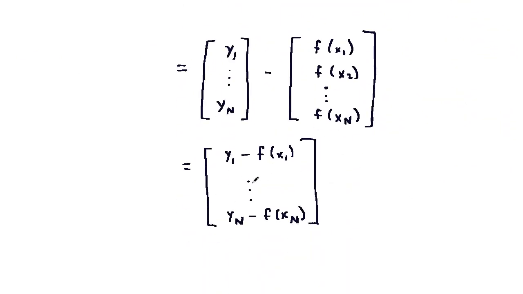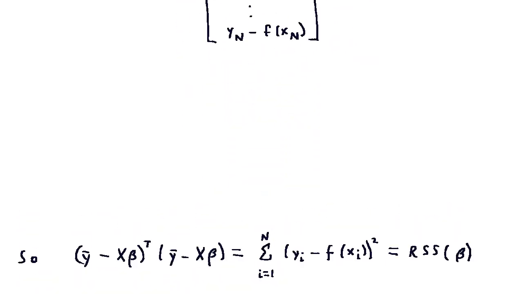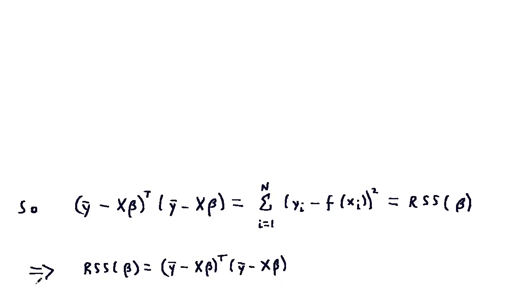So when we take the transpose and multiply by itself, we get all these entries squared and we sum them up. That's just equal to the RSS of beta. Therefore, the RSS of beta is y minus x beta transpose times y minus x beta.